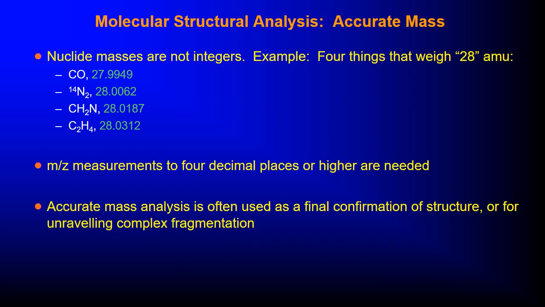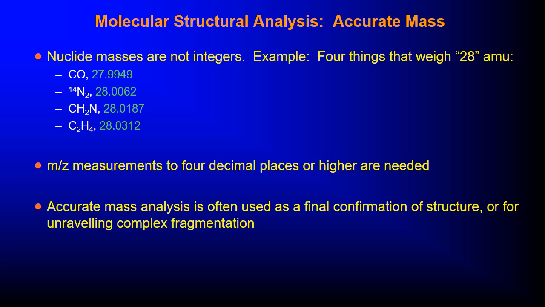Molecular accurate mass. Nuclide masses are not integers. For example, four things that weigh 28 atomic mass units. You can see that they are not integers, so we cannot round them up.